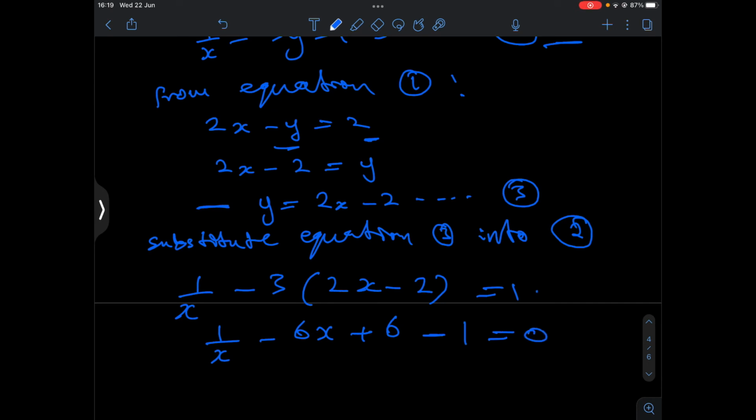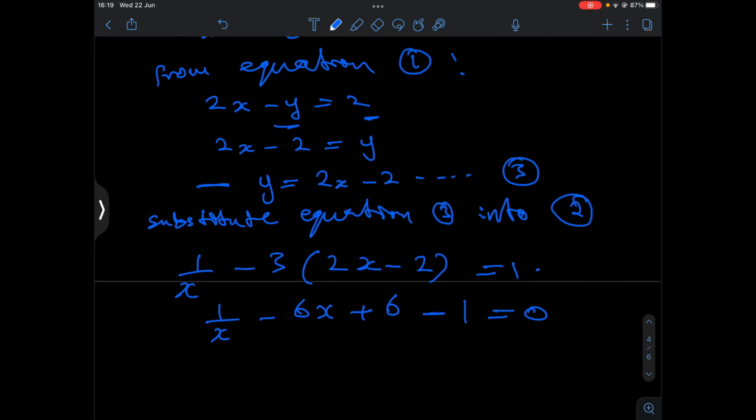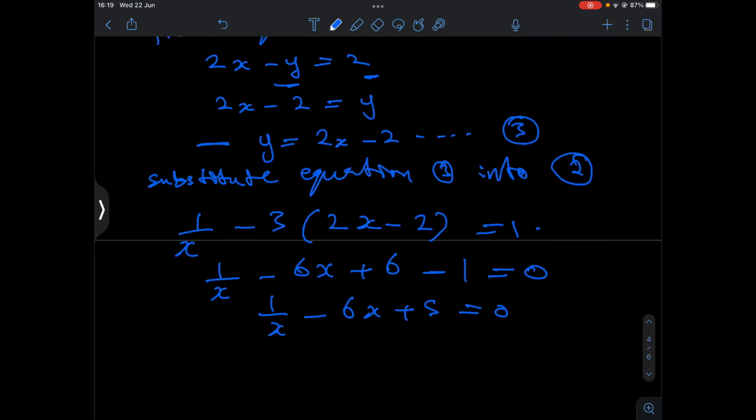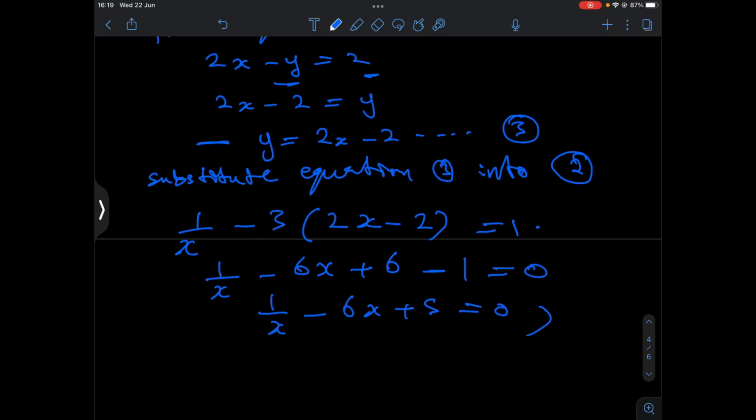So I brought this one to the left hand side. Before I multiply with x throughout, I'm just going to simplify that. That is 1 over x minus 6x plus 5 equals 0. Multiply throughout by x. Then we get 1 minus 6x squared plus 5x equals 0.